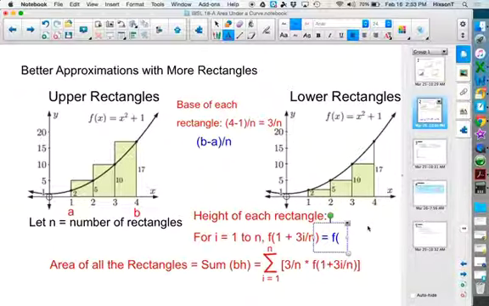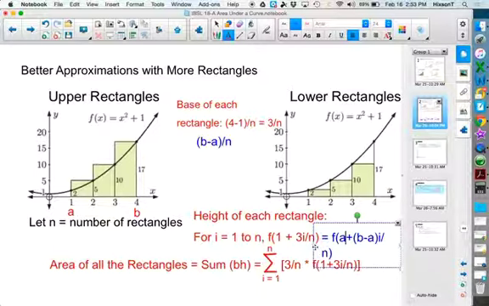And here, if we're putting it in general in terms of the b and the a, we would have f of, 1 was the a, right? Plus b minus a times I over n. Okay? That's going to be the height of each rectangle.